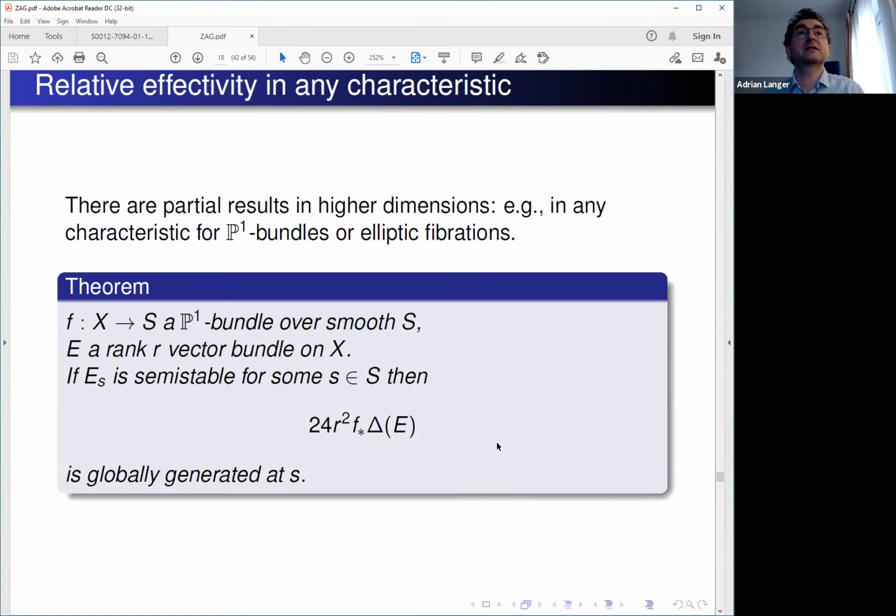So one of the results that one can get is, say, for P1 bundles or for elliptic fibrations. In this case, one can say that if we have a P1 bundle over some smooth variety S, not necessarily projective, if we have a rank r vector bundle, and if we assume that this is semi-stable at some point, then one can actually prove that 24 times the rank squared, the push forward of the discriminant, is already globally generated at the point s.